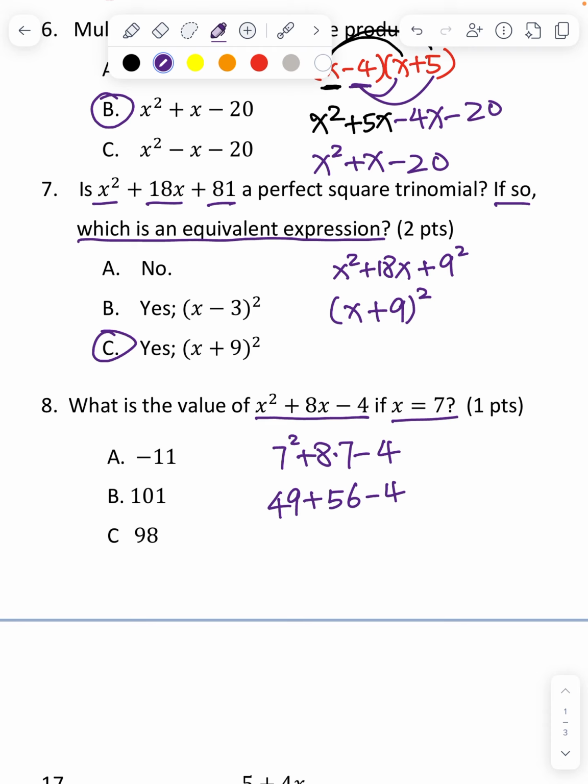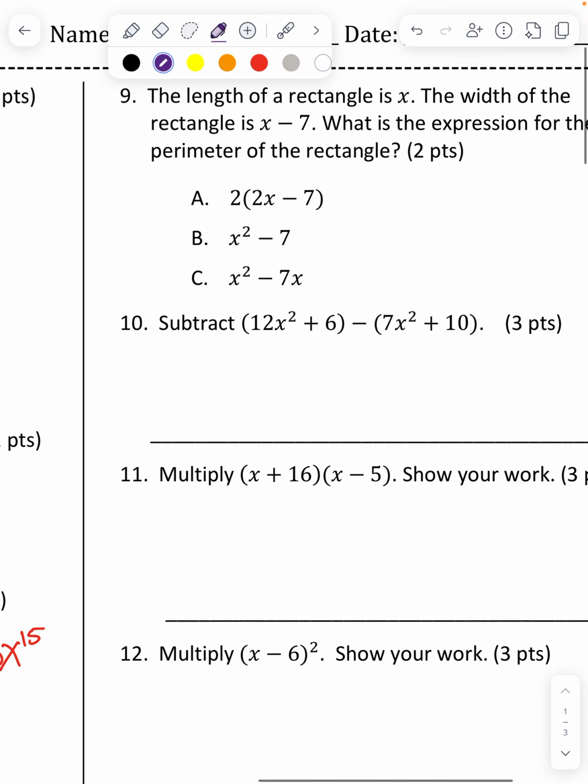Use your calculator to figure out the answer. 49 plus 56, and then minus 4, equals 101. So that is B.